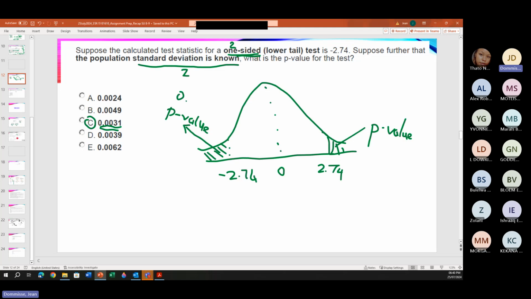But again, to the point previously, we know on both sides it's the same size. So if it was two-tail, it would have been those two added together, which would have given us option E. So option E is actually the two-tail option, and option C is the one-tail option.